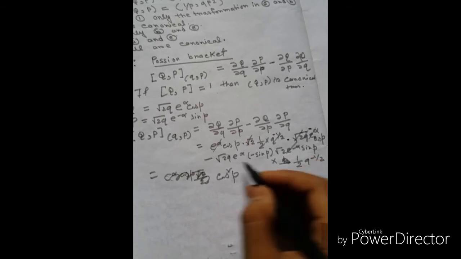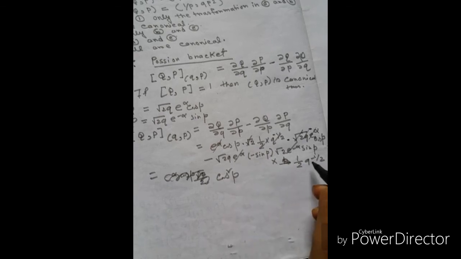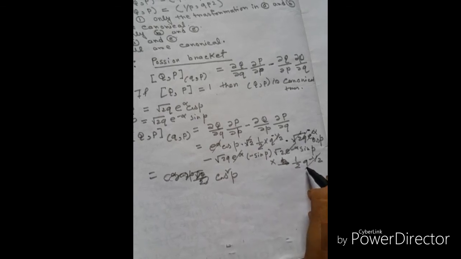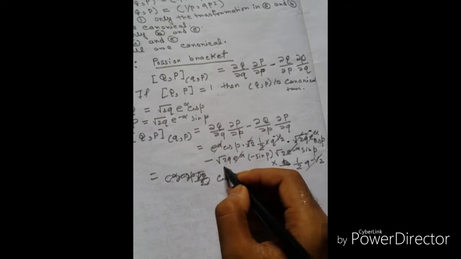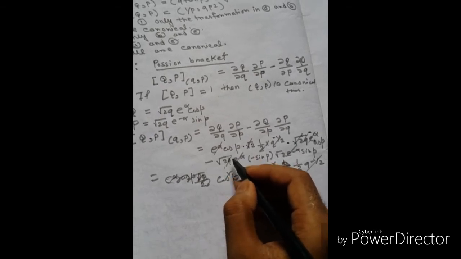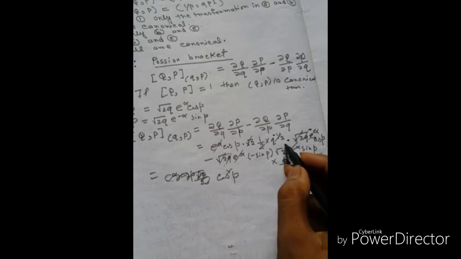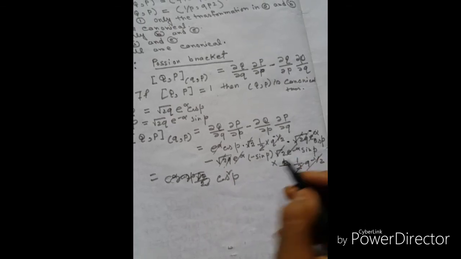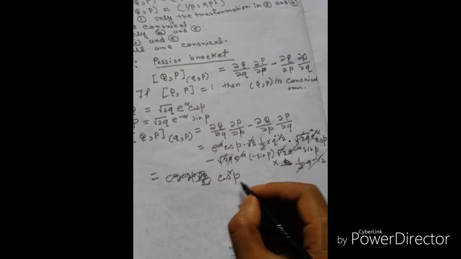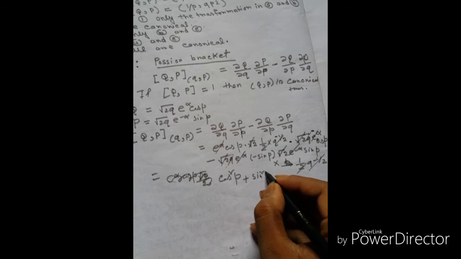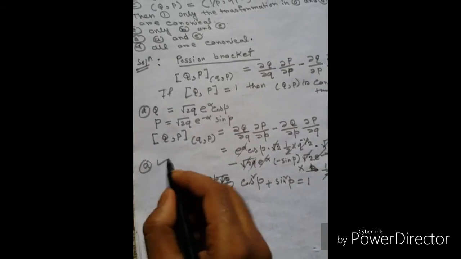Similarly, e to the power alpha and e to the power minus alpha cancel out, and minus minus gives plus, sin p and sin p, so plus sin square p. So this is 1. So A is a canonical transformation, right?